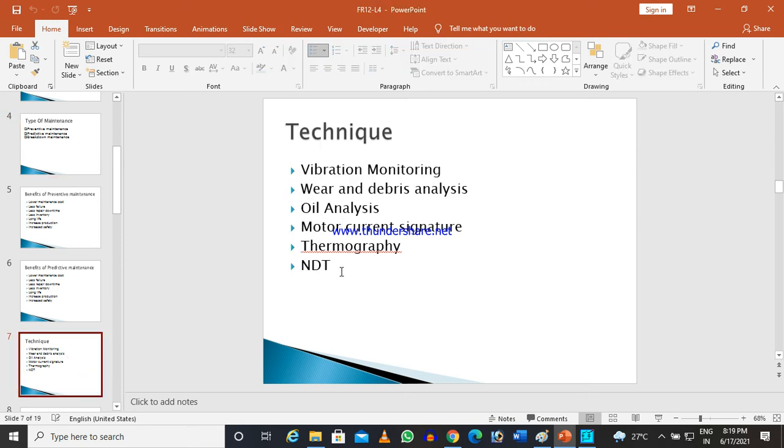So what parameters and techniques are adopted conventionally? Most of the heavy power and process industries involve a lot of rotary systems, where rotor dynamics are involved. As you know, if there is a rotating system, it will cause some unbalance.